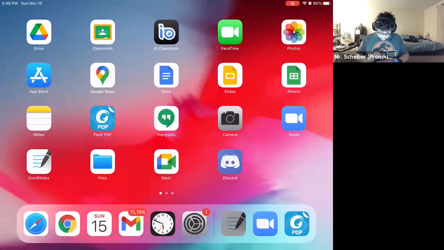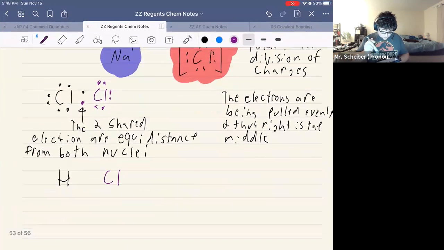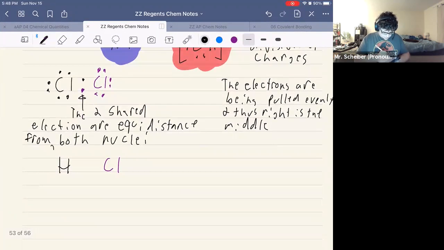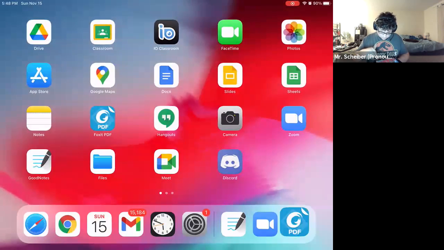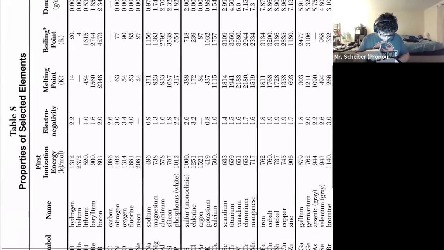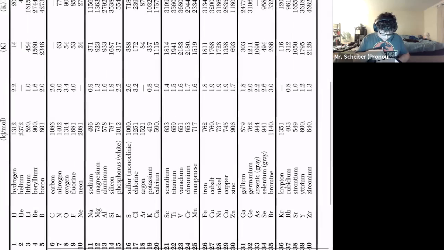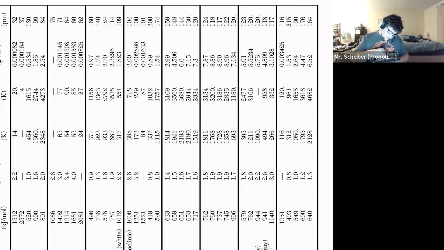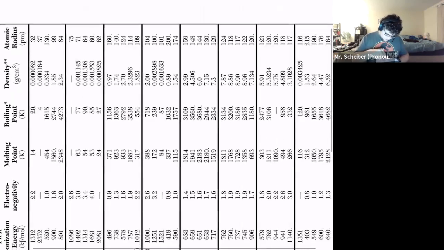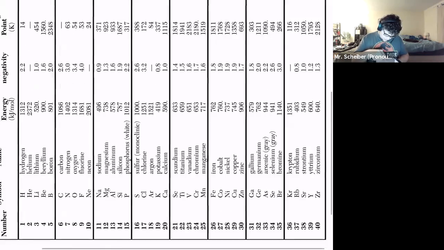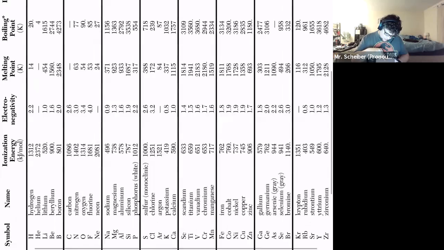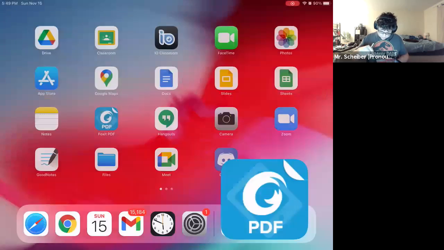Let's write that down. 2.2, whereas chlorine, which is number 17, has an electronegativity value of, and I hope you can see it, 3.2.